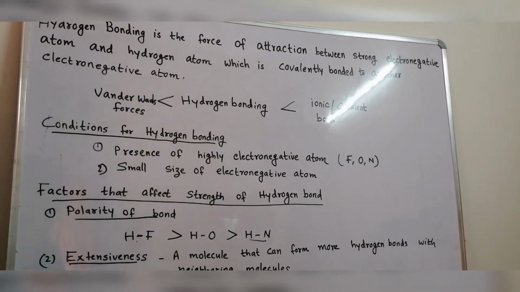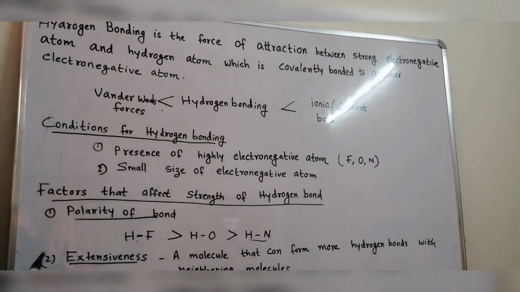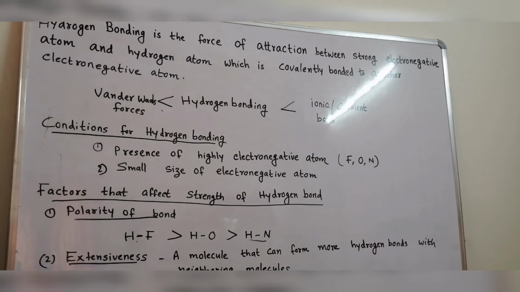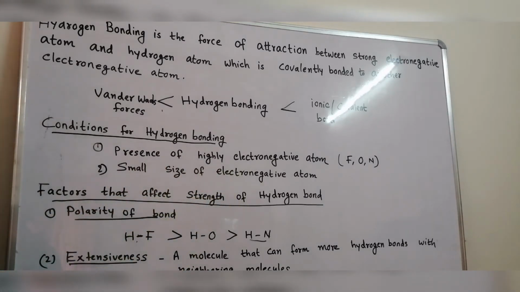A hydrogen bond is a weak bond. It is less strong than an ionic or covalent bond but stronger than van der Waals forces. Ionic or covalent bonds are formed by sharing or transfer of electrons, whereas van der Waals forces are just forces of attraction between two atoms or molecules. The conditions for hydrogen bonding are the presence of highly electronegative atoms.